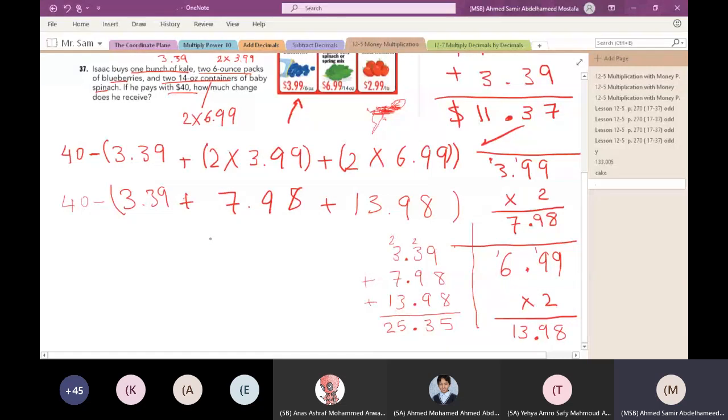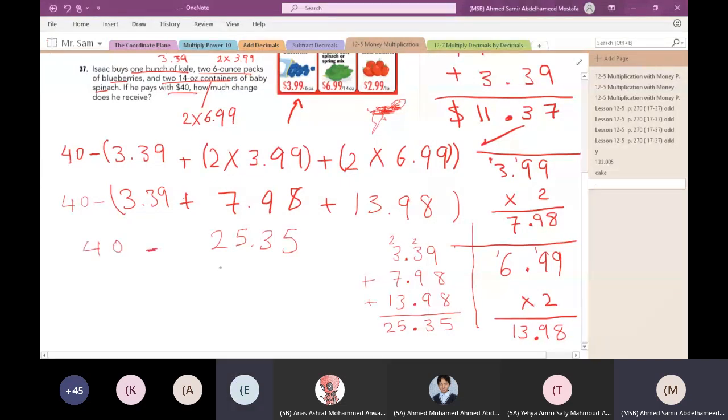Let's see here, back to 5C, and let's see who's here from 5C. Ziad Basim, help me with the subtraction, please. So the final part would be 40 minus 25.35. So let's align this together.